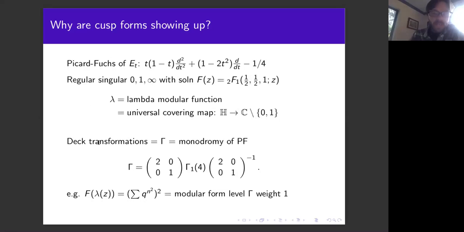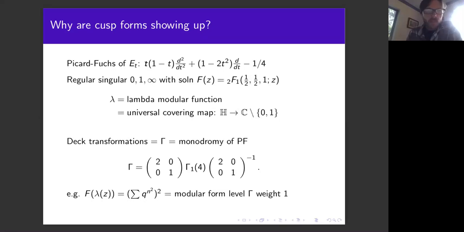And so this slide here is to give you an inkling of how these things are initially showing up. So we have this family of elliptic curves, E_t. T is the parameter of the elliptic curves, and attached to this is the question: how does the cohomology vary? It varies by this differential equation here. This is the Picard-Fuchs differential equation associated to this family.